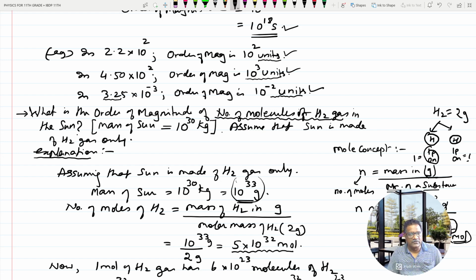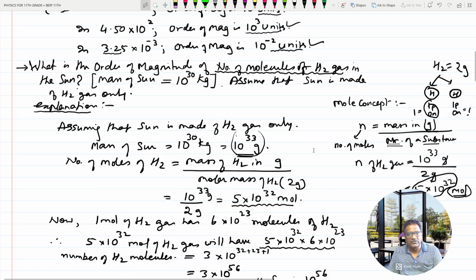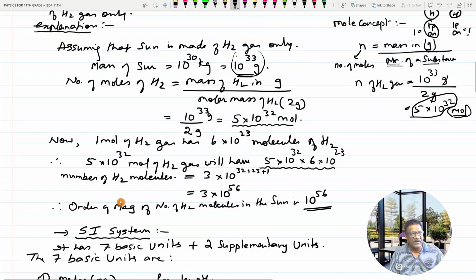Now, to get the number of molecules, you will have to use this relationship. 1 mole of hydrogen gas or any gas has 6 into 10 raised to 23 molecules of that particular gas. This is also there in your IGCSE 10th standard curriculum. 1 mole of any gas has 6 into 10 raised to 23 molecules of that gas.